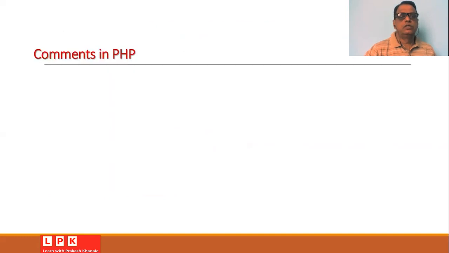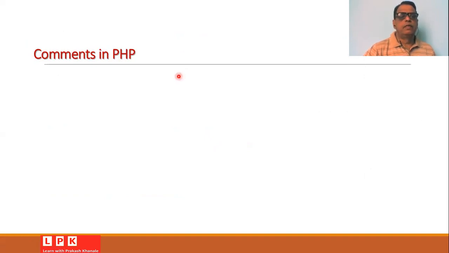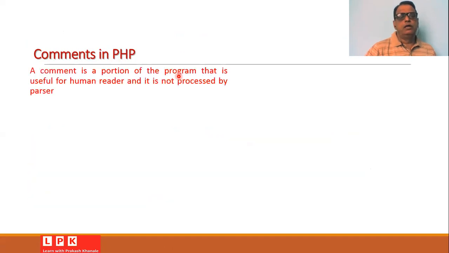So let us start the session with how to write comments in PHP. We know that almost every programming language permits us to write comments. A comment is a part of the program that is useful only for the programmer or the reader of the program.